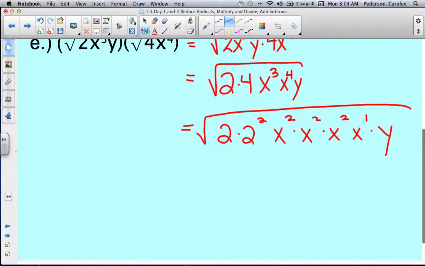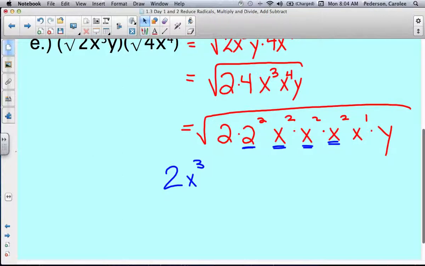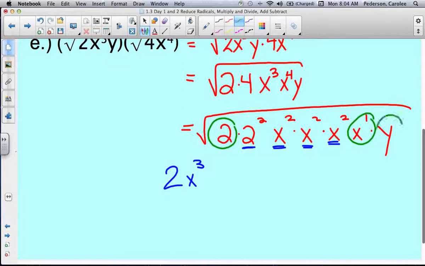Again, I had a total of 7 x's there. So what's going to go out in front is a 2, an x, an x, an x, that 2x times x times x is 2x cubed. What's left over is my 2, my x, and my y.